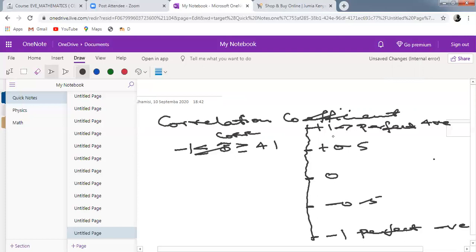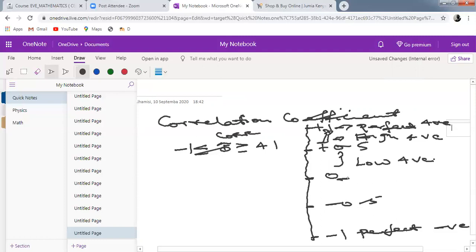Then we have this region here between +1 and +0.5. This is a region of high positive. This region from 0 up to 0.5 positive, it is a region of low positive correlation.